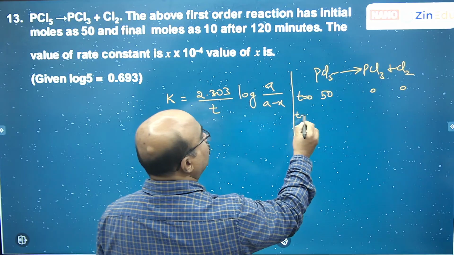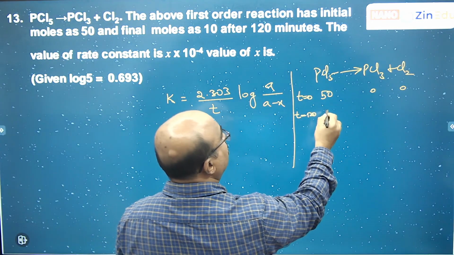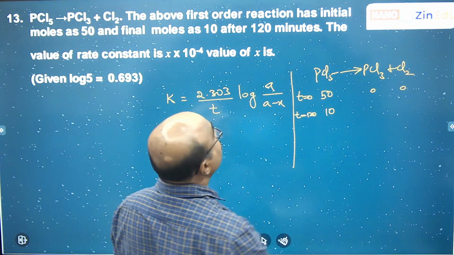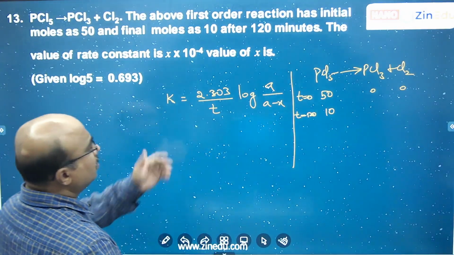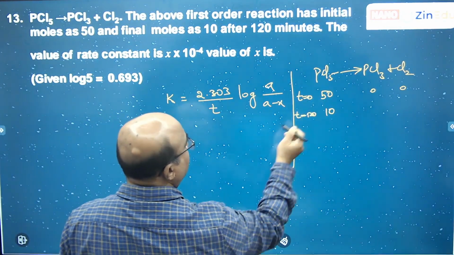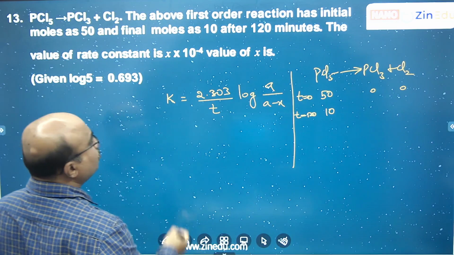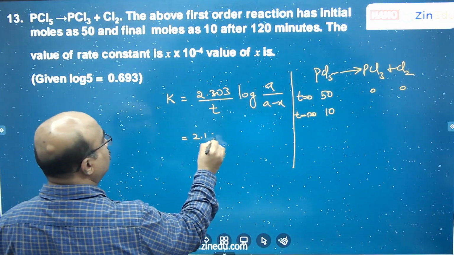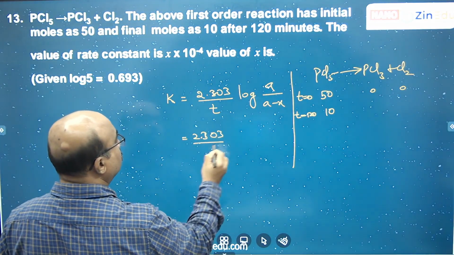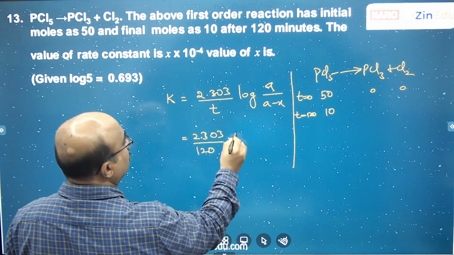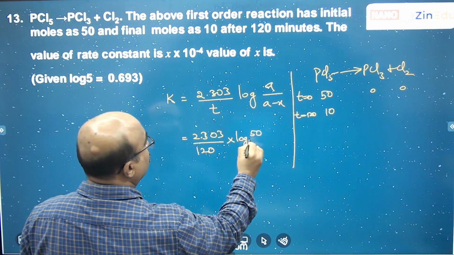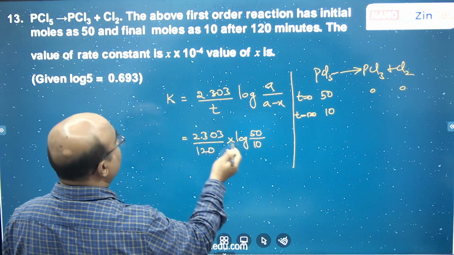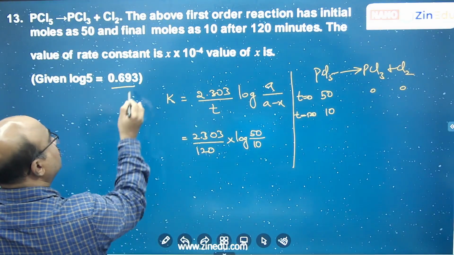So at t equal to 120, it is 10. So your a value is 50, a minus x is 10. So 2.303 by 120 log 50 by 10. This is anyhow given, log 5 as 0.693.